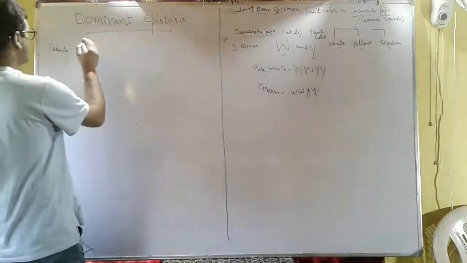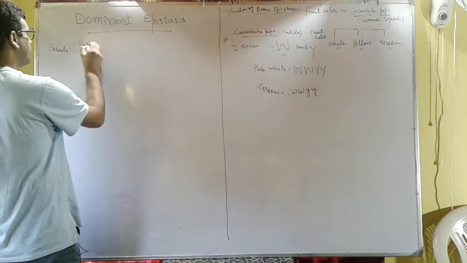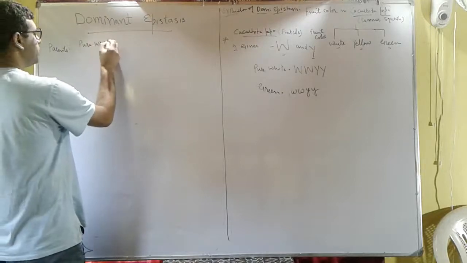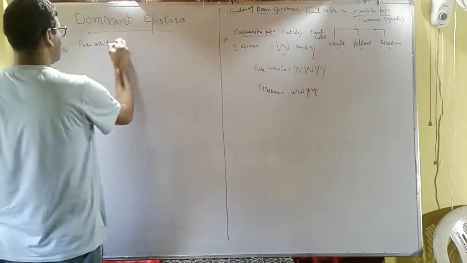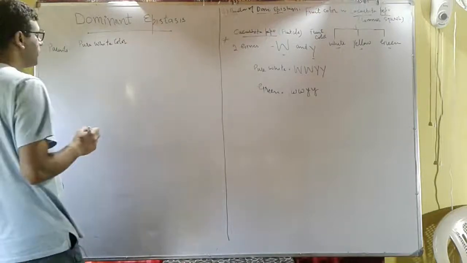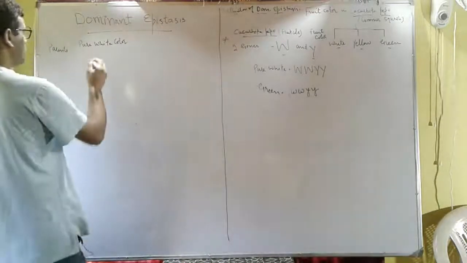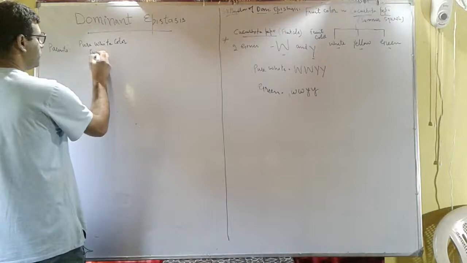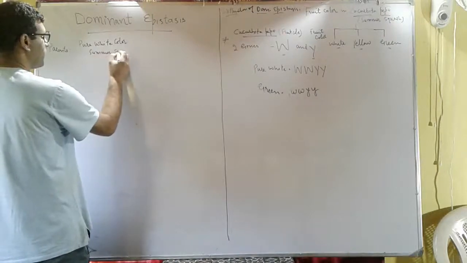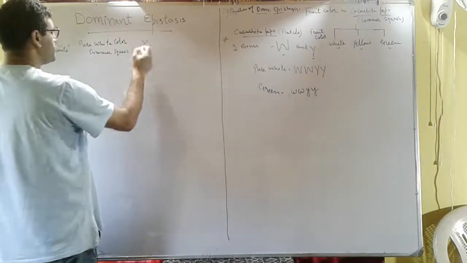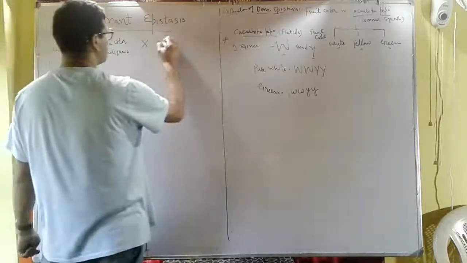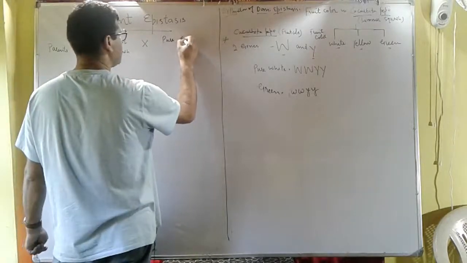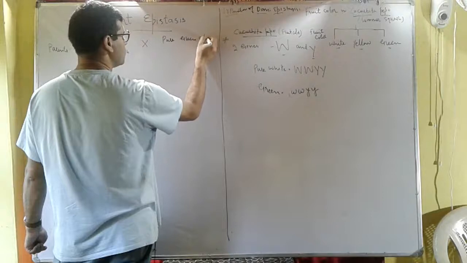We'll take 2 parents, pure white color summer squash, and we'll cross it with pure green color summer squash.